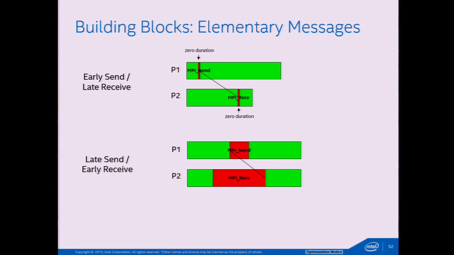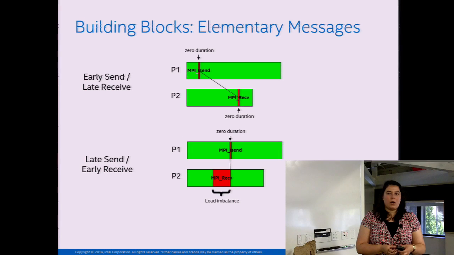But in the second case, if you just look at the first rank, my MPI non-blocking send is not going to take any time at all. But at that point, I have already posted my receive. So any idle time I spend waiting is only going to be reduced by the amount of time I spend waiting for my send to be posted.